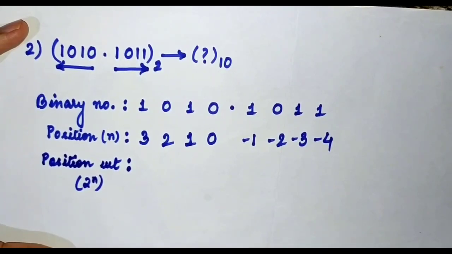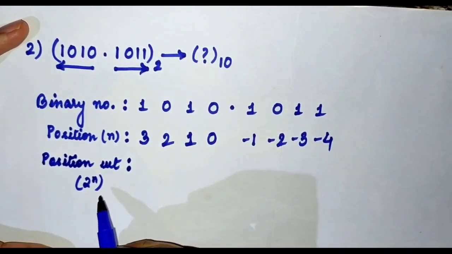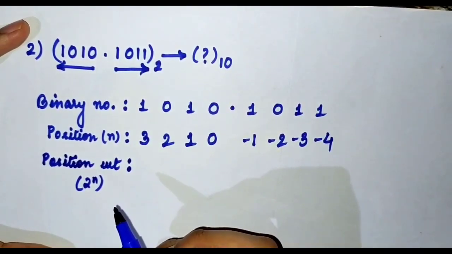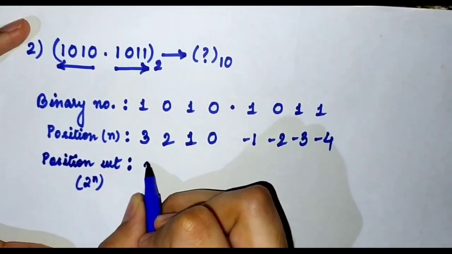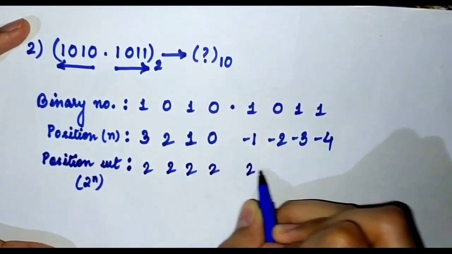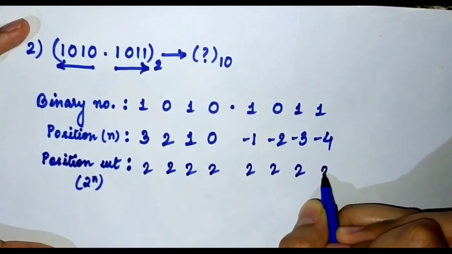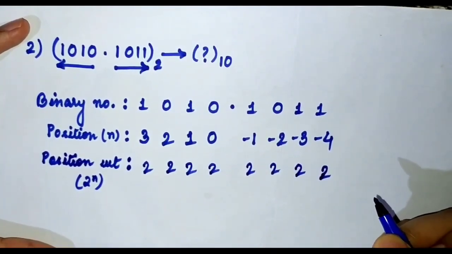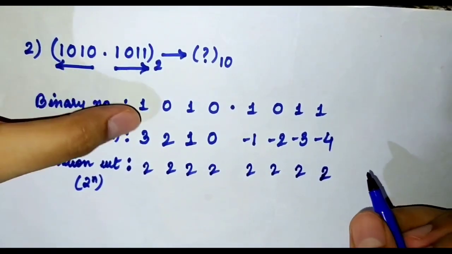So, the position weight is given by 2 to the power n. So, firstly I'll write all the 2's and then n. 2, 2, 2, 2. Okay, now n.